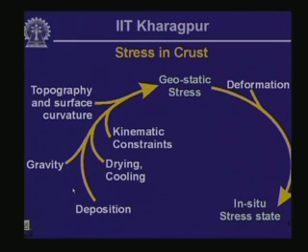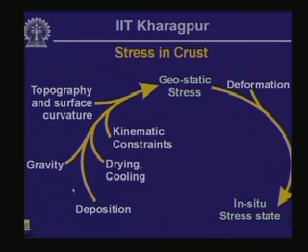So, what are the factors then, to sum up, that give rise to a set of in situ stress? First of all is deposition, then action of gravity, then drying or cooling. Because of drying or cooling, you can imagine that there could be cracks developing, and as a result the stress regime near the crack is going to be altered. Then kinematic constraints, we have looked at that in detail before.